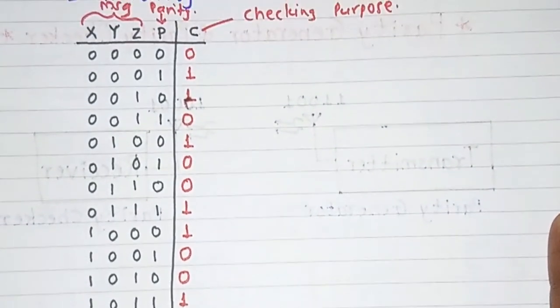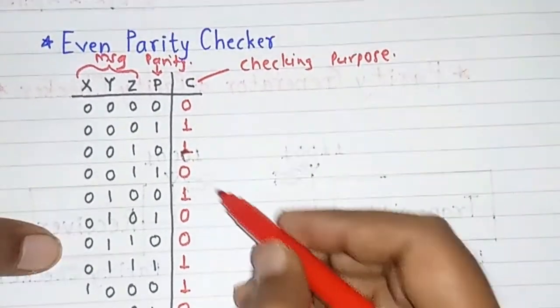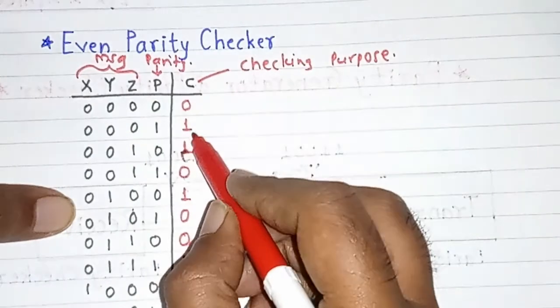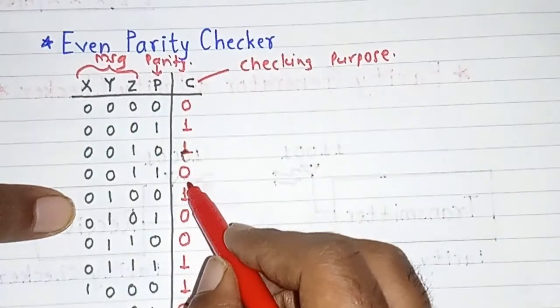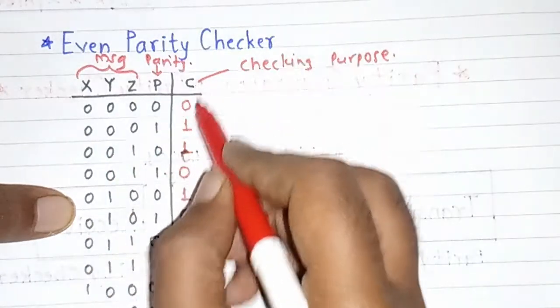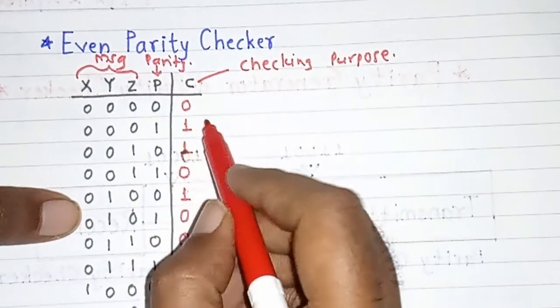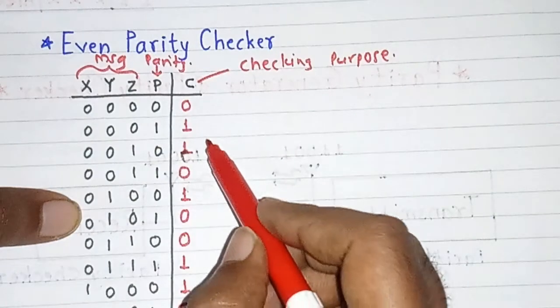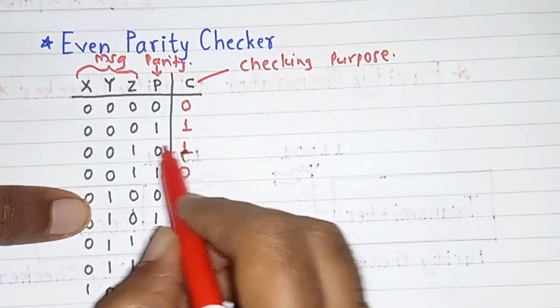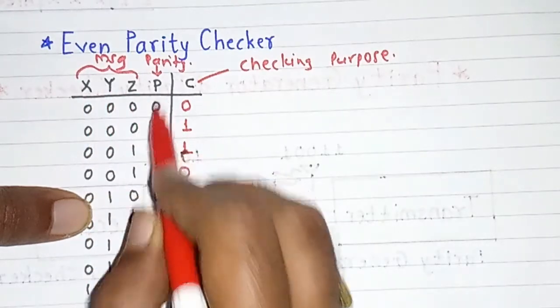From this you can again see when the checker output is 1 and when it is 0. For an odd number of ones the checker output is 1, that means at the even parity checker side, that is the receiver side, we have to perform the XOR operation of X, Y, Z and P bit.